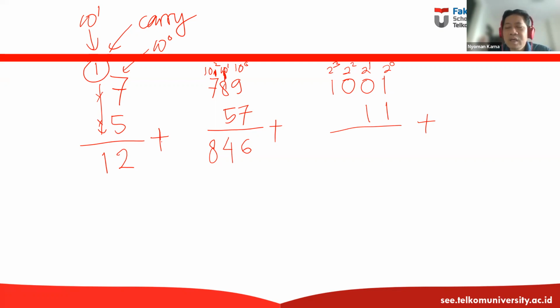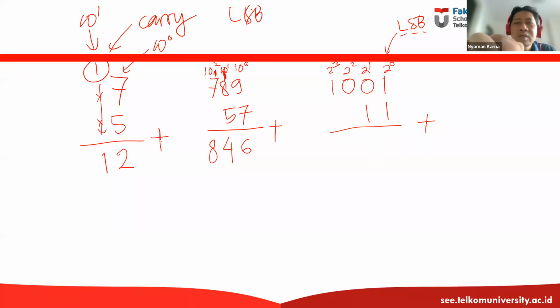Now we're going to start at the least significant bit. This is the least significant bit because it has the lowest weight. That's why we call it least significant bit.